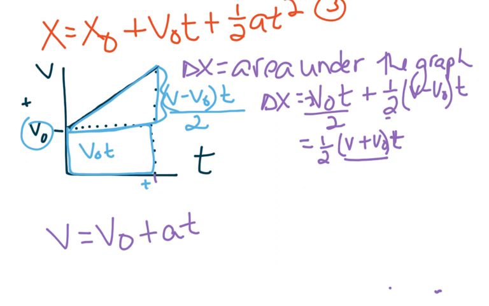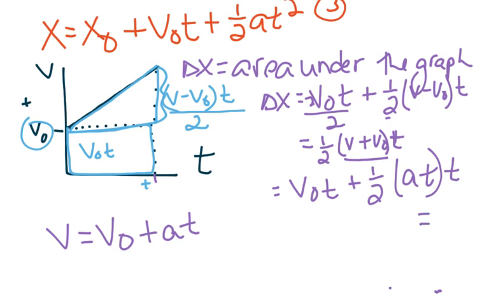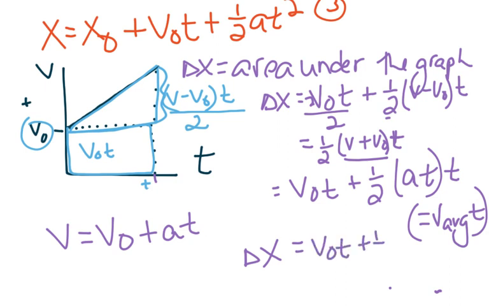Okay, and so we can rewrite this now as v naught t plus 1/2 of a t times the time, okay? We're getting that from there, and we ultimately get our equation for displacement, which is v naught t plus 1/2 a t squared. Okay, that's how you get it from the graph.